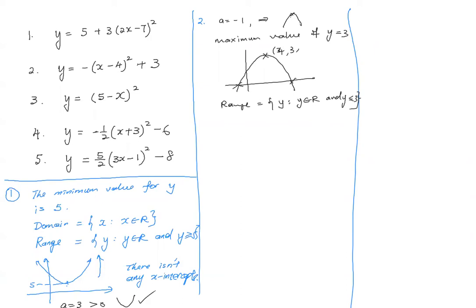So it does cut the x-axis and there is an x-intercept. So if it's a maximum curve and the maximum value is positive, then it cuts. Are you okay? Yeah. Okay. So how about number 3 then?